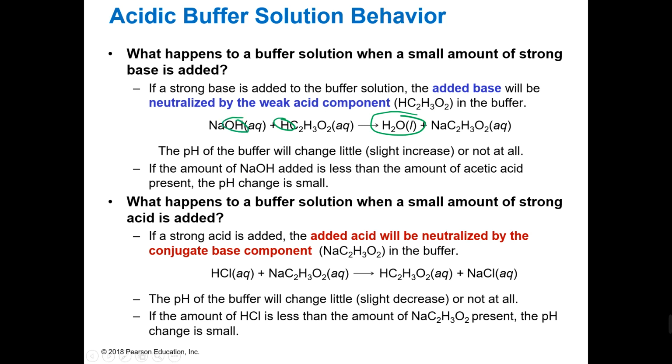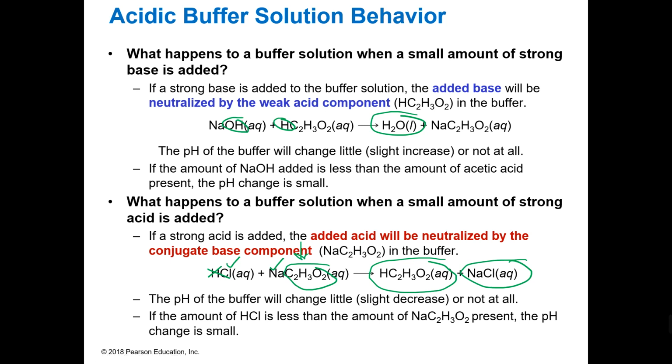If an acid is added, then the sodium acetate is going to come in, and it's this acetate anion, because remember they break up into their ions. The acetate anion will neutralize the hydrogen from the hydrochloric acid, for example, and we will get acetic acid in solution and then sodium chloride. The sodium from the sodium acetate and the chloride from the hydrochloric acid.